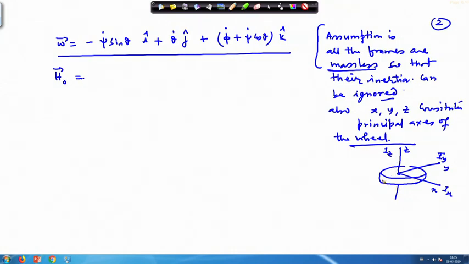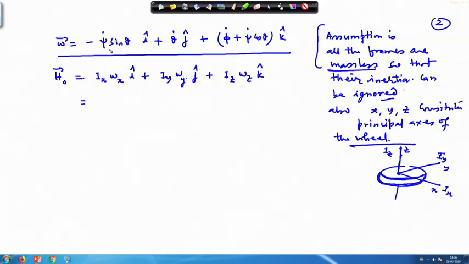And why are we doing so? Because this wheel has symmetry about this axis. Because of the rotation of this wheel about this axis, the moment of inertia does not change, and we are using this fact to our advantage. So, H 0 we can write as I x times omega x times i cap, plus I y times omega y times j cap, plus I z times omega z times k cap.